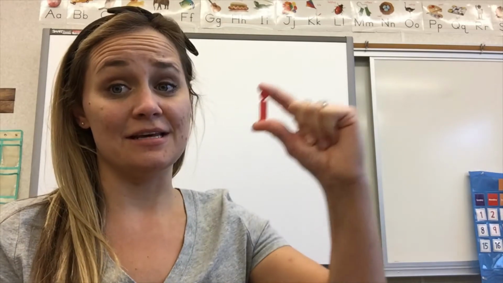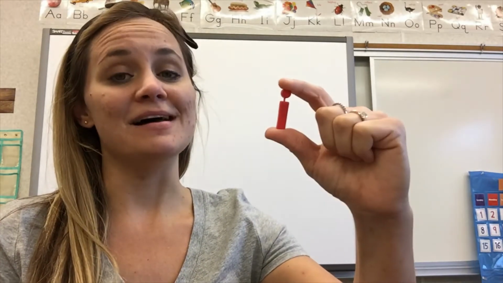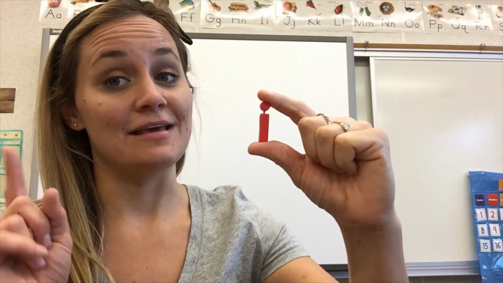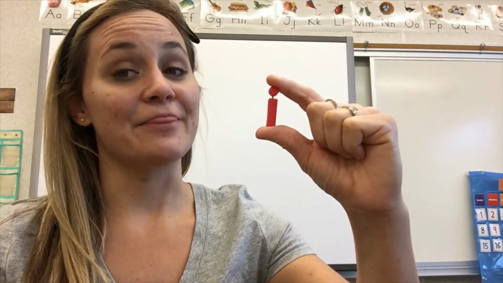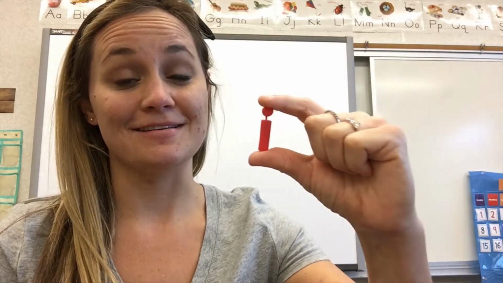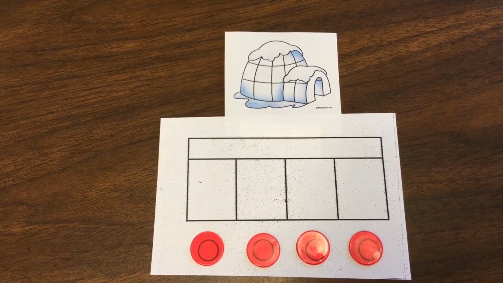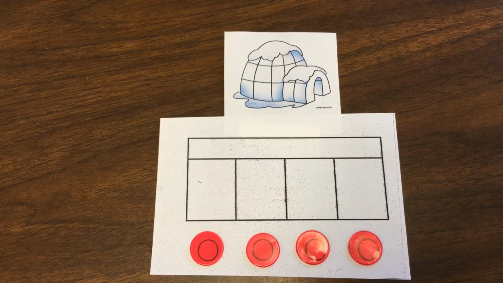In the English language, very few words end in the letter I, but you can hear the short I sound at the beginning of words and in the middle. What is this a picture of? Yeah, this is an igloo.